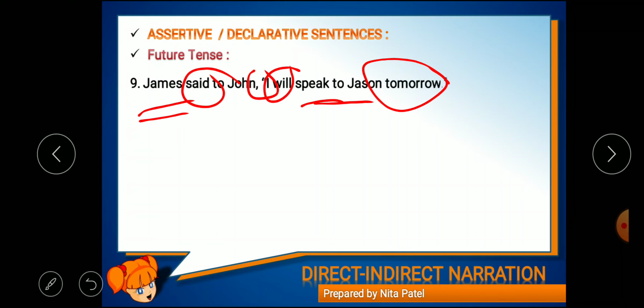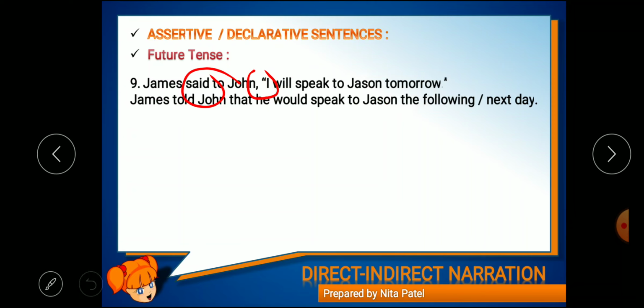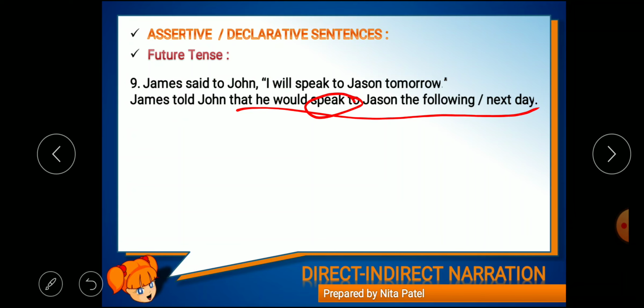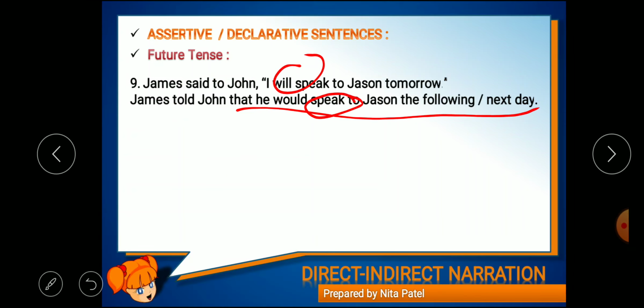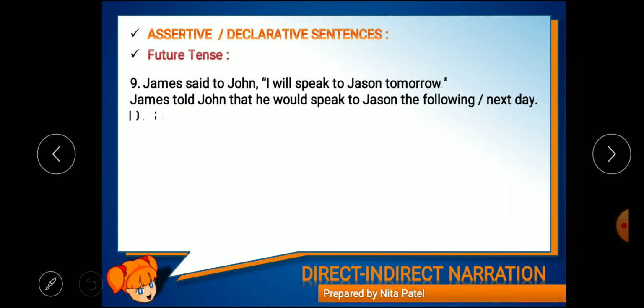Tomorrow will convert into the following day or the next day, right? So James told John that he would speak to Jason the following day or the next day. Here I haven't changed the verb form. I have just converted the auxiliary will or shall accordingly, right? And the other necessary changes are the same.